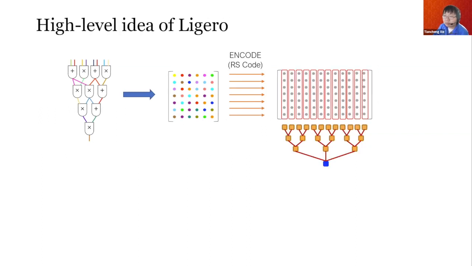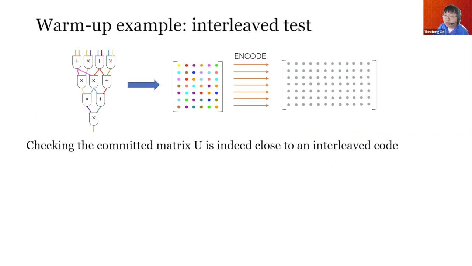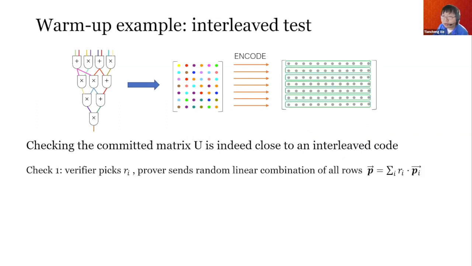So now, before every test, we need to test the whole encode process is correct. So we need to test this larger code word matrix to be a correct matrix. So first, it will take every row of the matrix. The verifier will then take a random linear combination of the matrix rows and send the combination back to the prover.